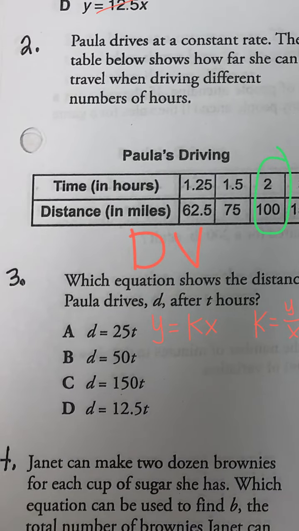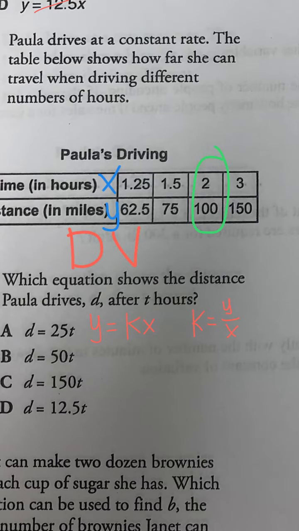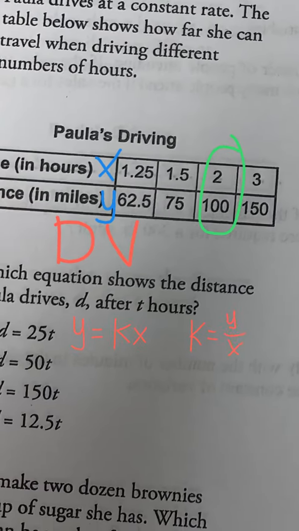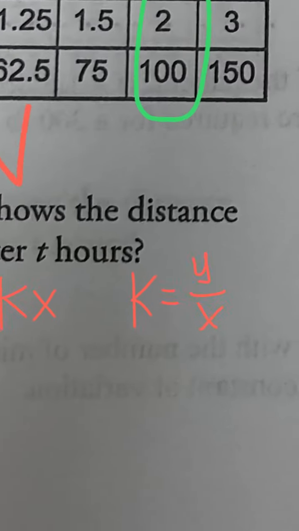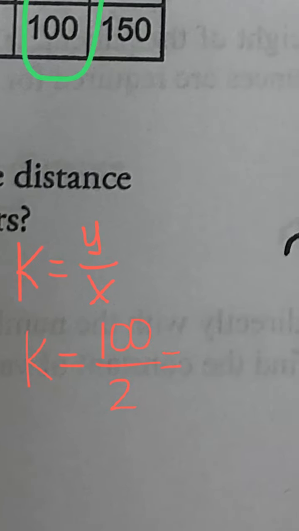Well, this is a table, so that just means that these are my x values and these are my y values. So remember the y is 100 and the x is 2. So that means that k equals my y value, 100, divided by my x value, which is 2. And 100 divided by 2 is 50.